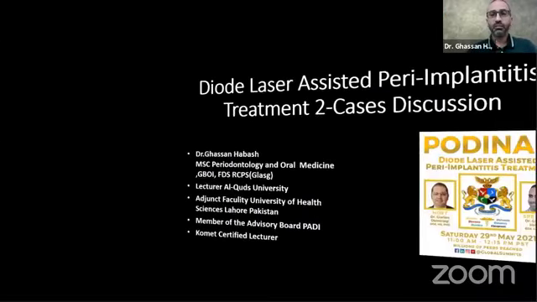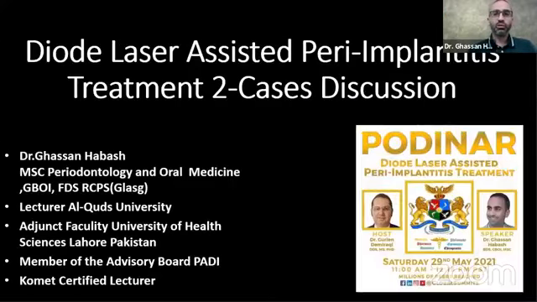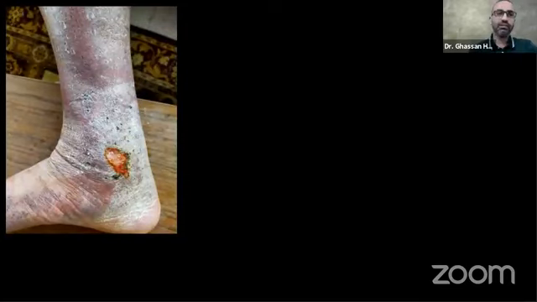Before starting my lecture, I will share with you a case to show the power of lasers, especially low-level laser therapy or photobiomodulation. This case is a foot which has a venous ulcer. The patient has congestive heart failure, and his heart is working at around 45% only.